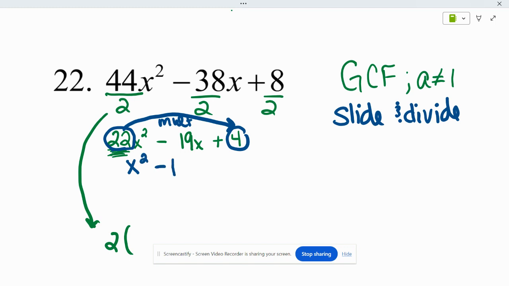X squared minus 19x plus 88. So Ashton, you are looking for two numbers in your calculator that multiply to 88, that when you add them, you get a negative 19. So remember, if your product, that top number, the 88, is positive and your sum is negative, that means both your factors are going to be negative.